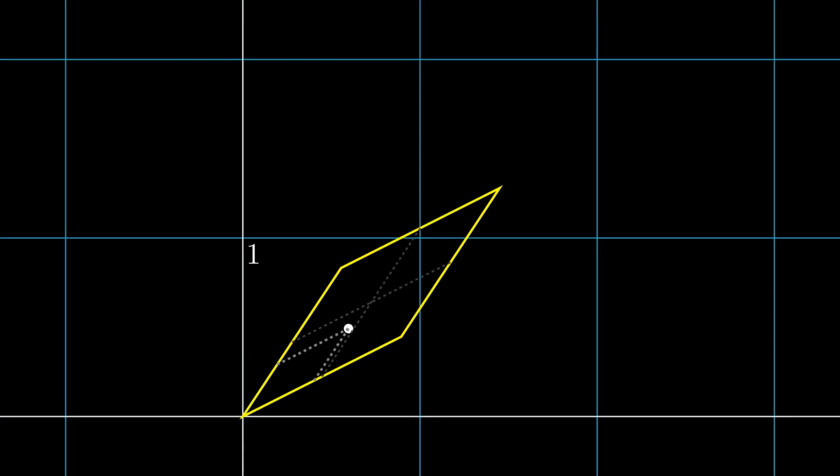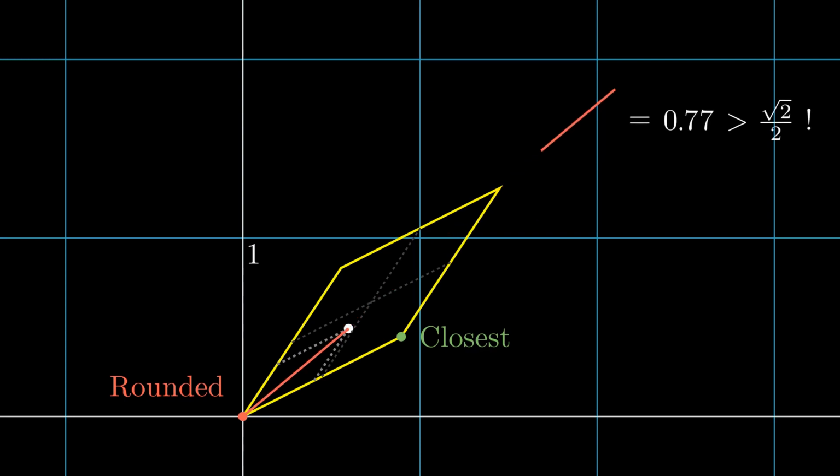Let's go back to 2 dimensions. Suppose we have a point inside of this rather distorted parallelogram. What we would ideally like is to find a way to identify the closest vertex. But here, unlike in more simple cases, the closest vertex isn't obtained by rounding down the coordinates of the point. Furthermore, if we insist on rounding down the coordinates, we get a distance greater than square root of 2 over 2.